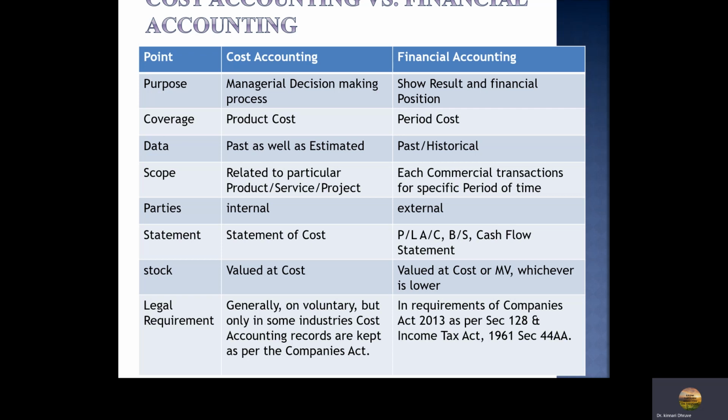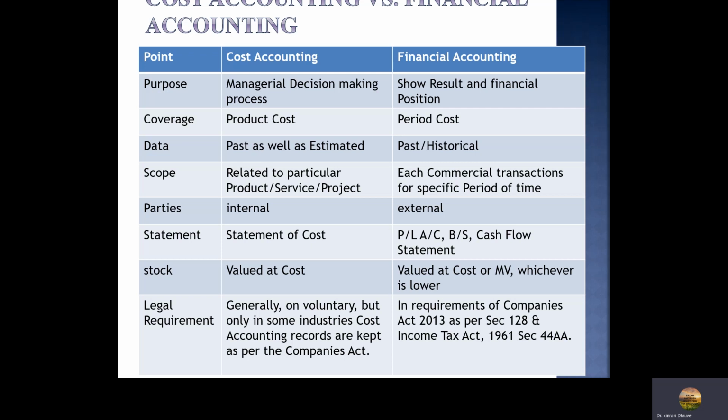So the scope of financial accounting is greater than cost accounting. Parties: in cost accounting, all internal parties are involved: managers, employees, laborers, etc. While in financial accounting, the government, stakeholders, creditors, equity shareholders and debenture holders are more concerned. Cost accounting only prepares the statement of cost, while financial accounting prepares financial statements consisting of the profit and loss account, balance sheet, cash flow statement, etc.